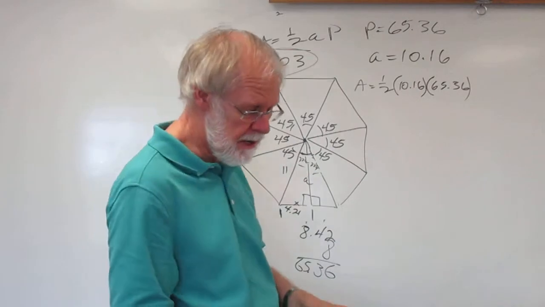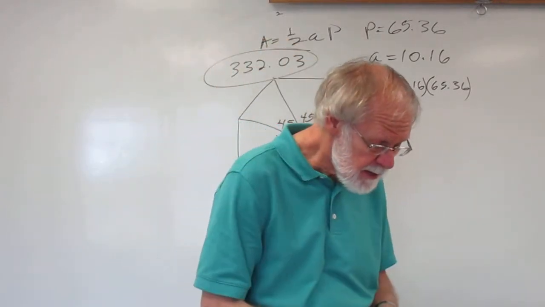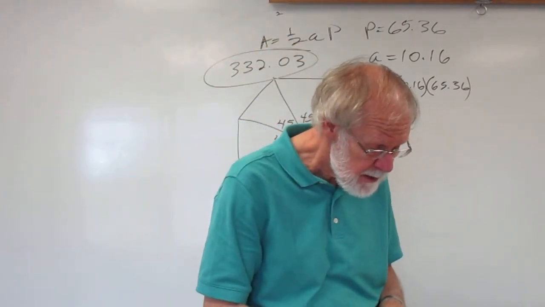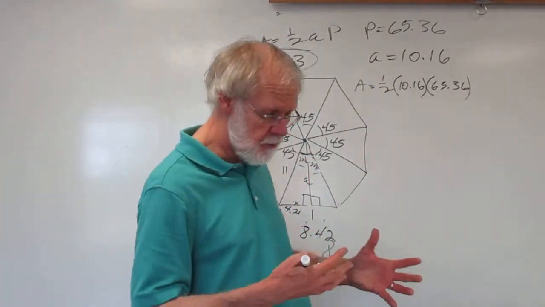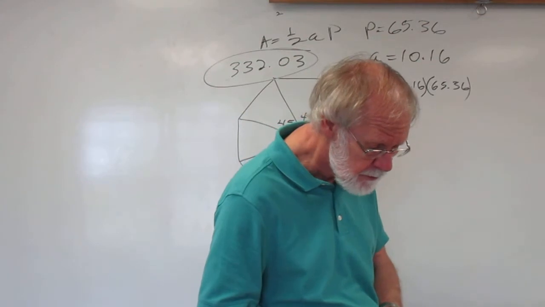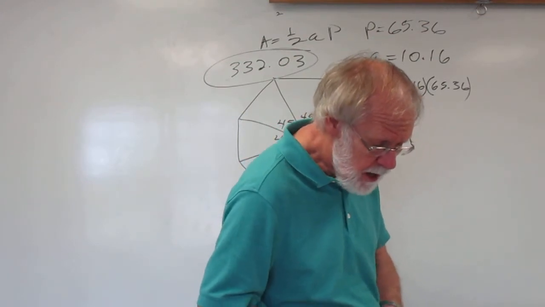That would be the area of this figure. And let's just see. All right, 332.03. Might be a bit of rounding there. I see it doesn't exactly agree with the book, but it's pretty close.